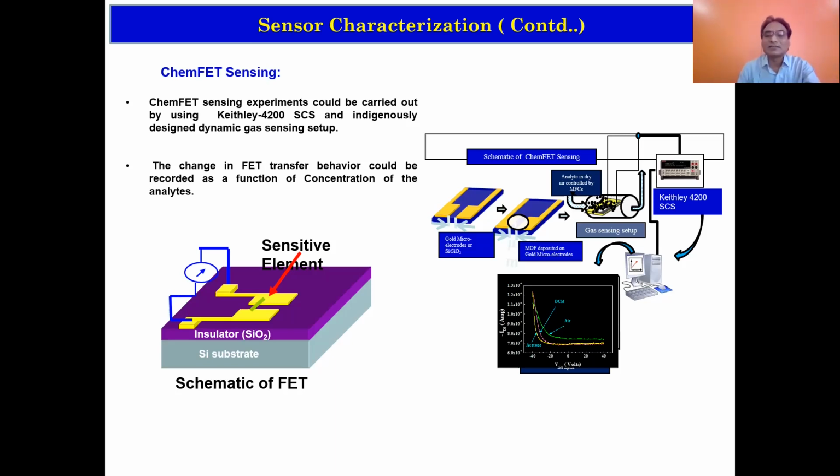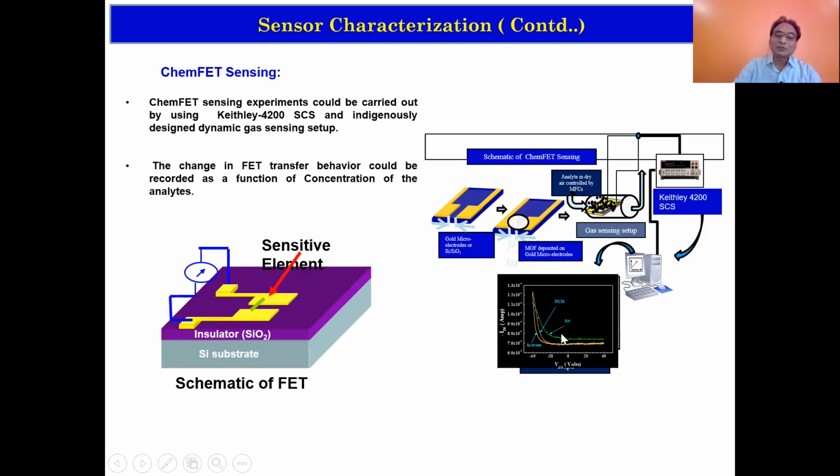That is very much possible with the 4200, and then you can expose your material to different gas analytes and study output characteristics, or transfer characteristics, or you can keep VDS constant and study the transfer characteristics.